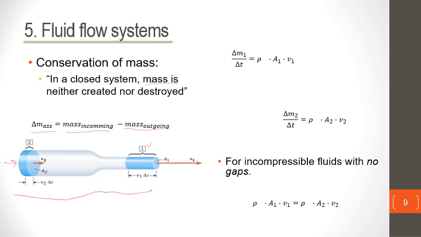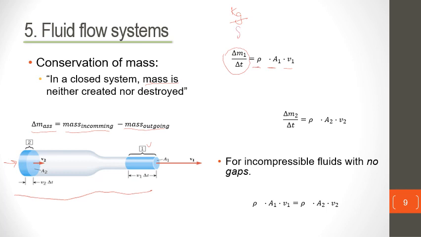We define the mass flow rate, the flow of mass, delta M1 at this point, the outgoing mass, as simply equal to the density times the area times the speed V2. Remember, mass is in kgs and time is in seconds.